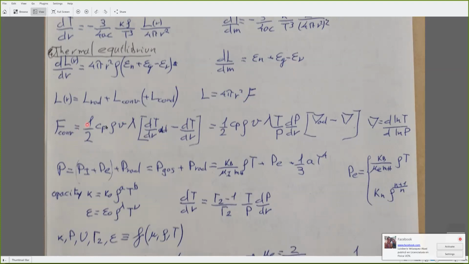For the convection it is this part. Consider the density of the medium, the velocity of how this part is moving from the convection, the difference between the adiabatic gradient and the actual gradient. As we saw, this is positive, so this means that these have to be a little smaller than this one.